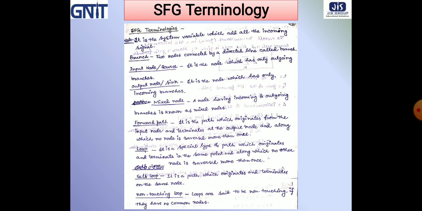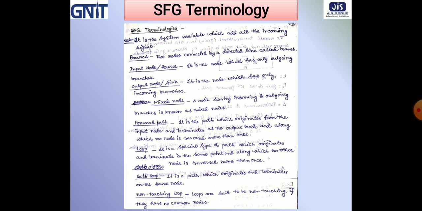Now, what is loop? It is the special type of path which originates and terminates at the same node. But while traveling the path, no node is traveled more than once. That is a loop. What is self loop?